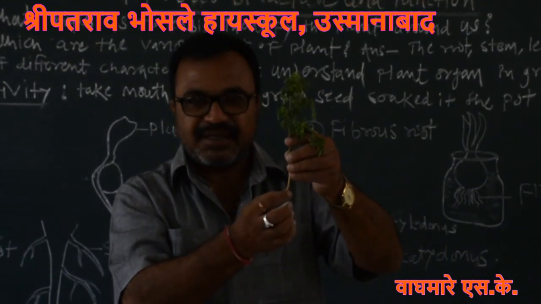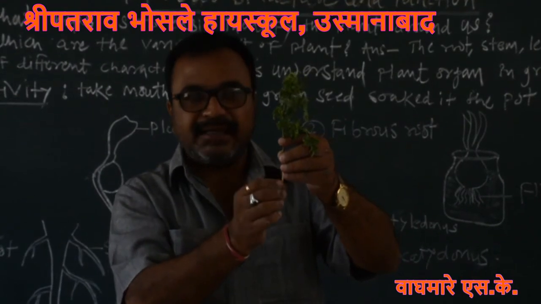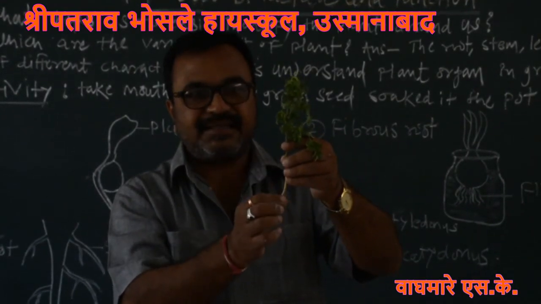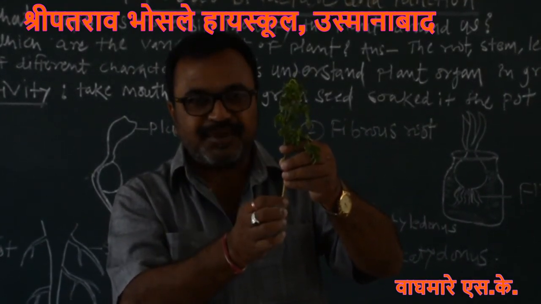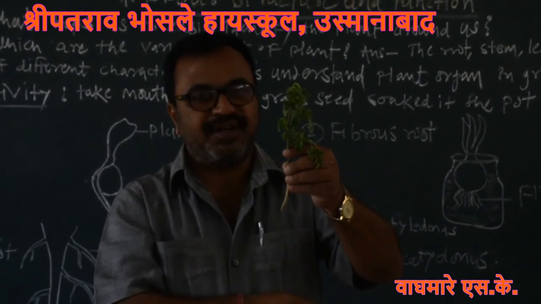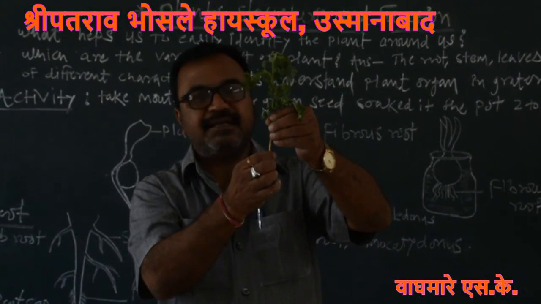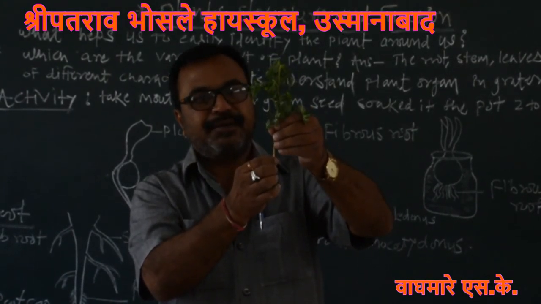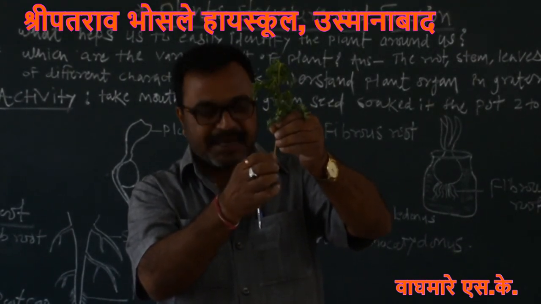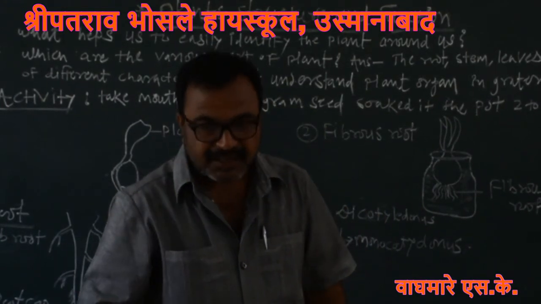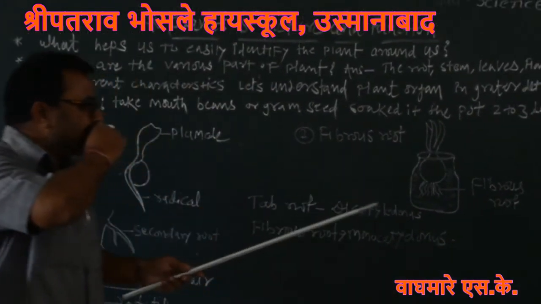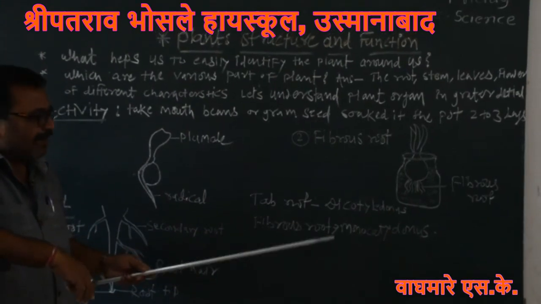The main function of the roots is anchoring and supporting the plant body and absorption. This example is the taproot of the plant body. Another is the adventitious roots, and these are the fibrous roots.